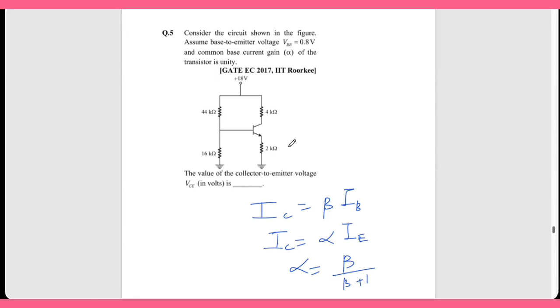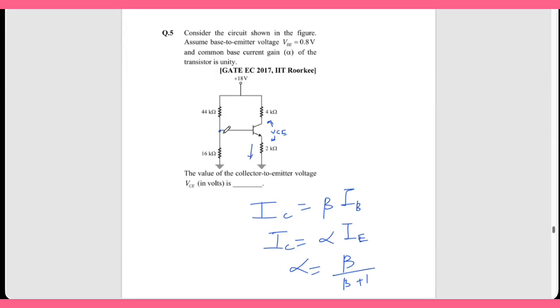Now they are asking us to find the value of VC. To find the value of VC, you just have to find what is this current. To find this current, you will have to find what is this voltage.